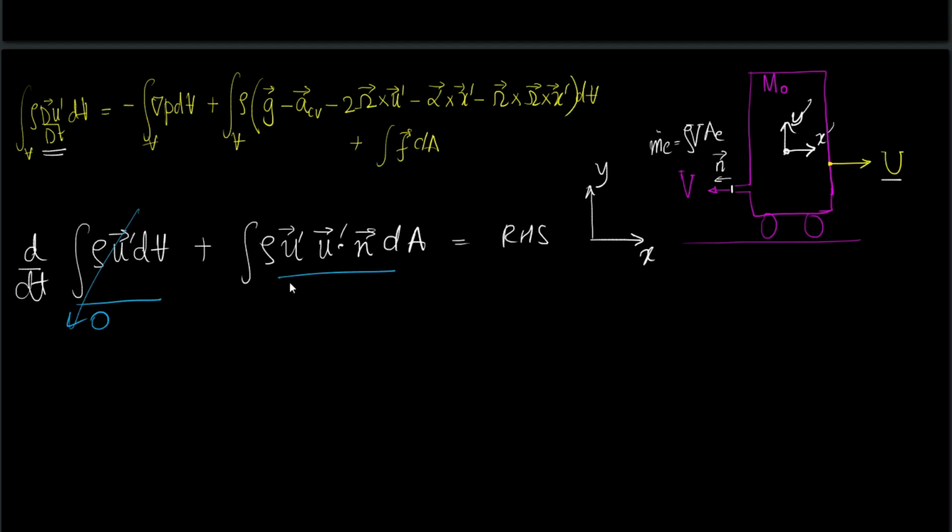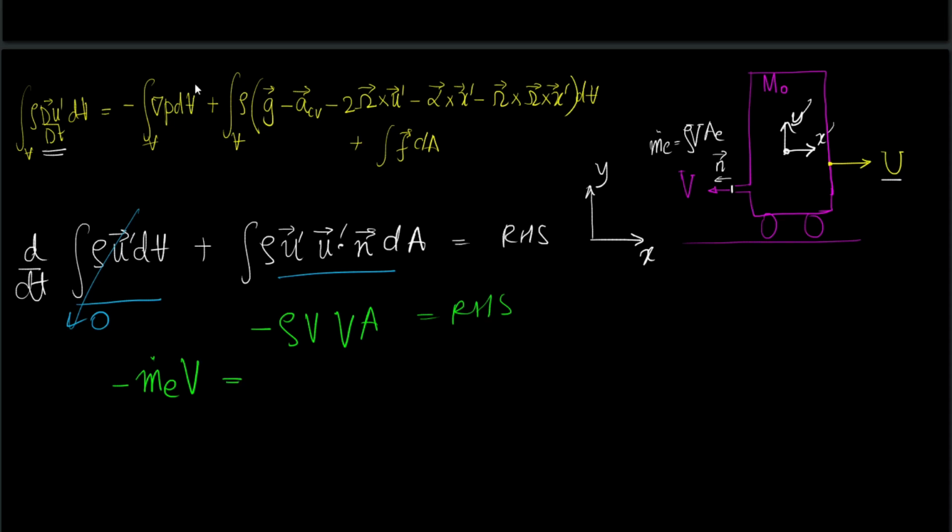The flux in momentum is actually in the negative direction. So u prime in the moving frame is simply v. So this will be minus rho v, and u dot n cap is going to be v times A. So this becomes minus m dot exit times v is equal to the RHS.